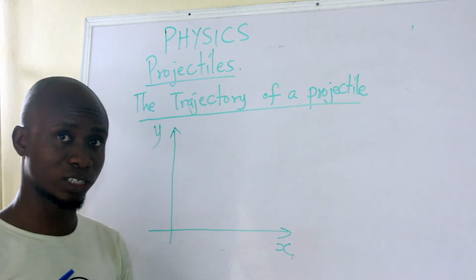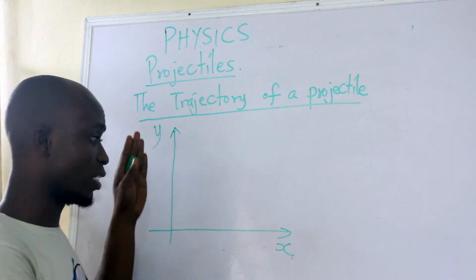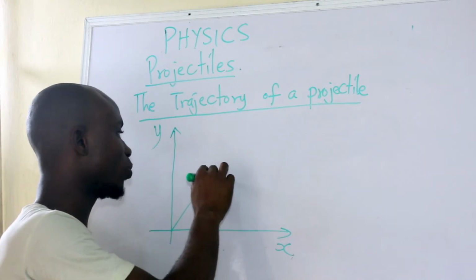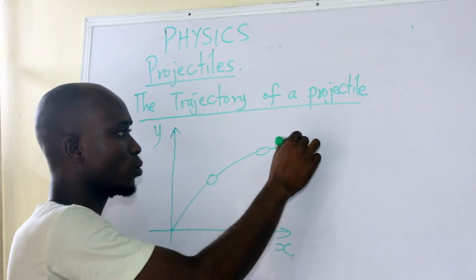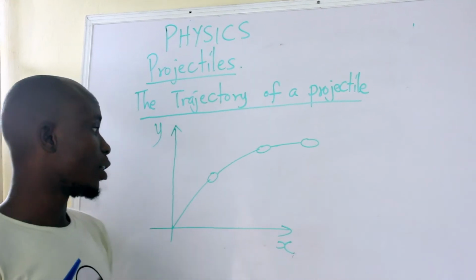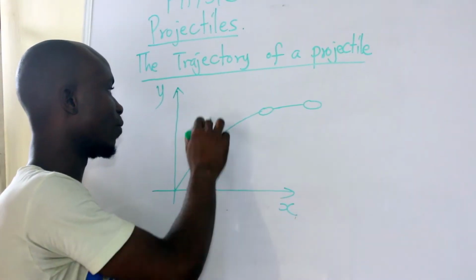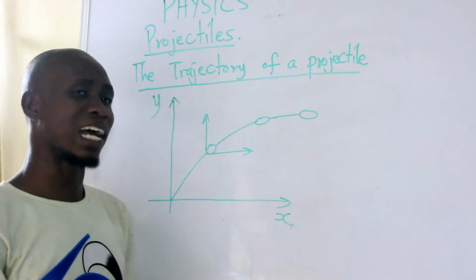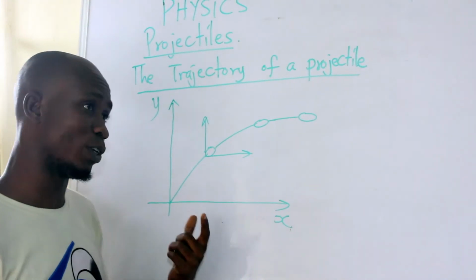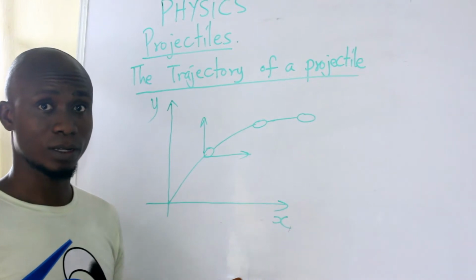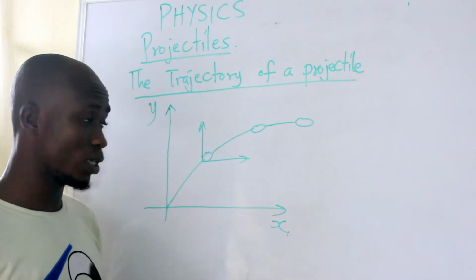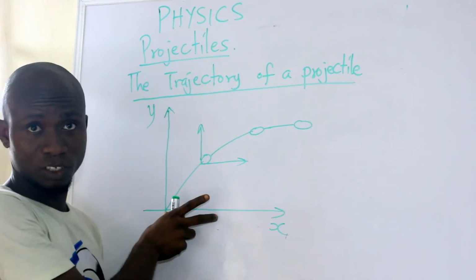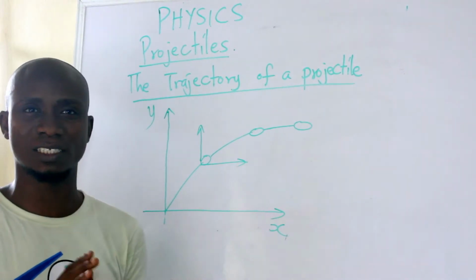This is because when an object is thrown into the air, for example a stone or a ball, it moves both vertically and horizontally. So at every point in time, the velocity of the body can be found, and its vertical displacement and horizontal displacement can be found at any point in time.